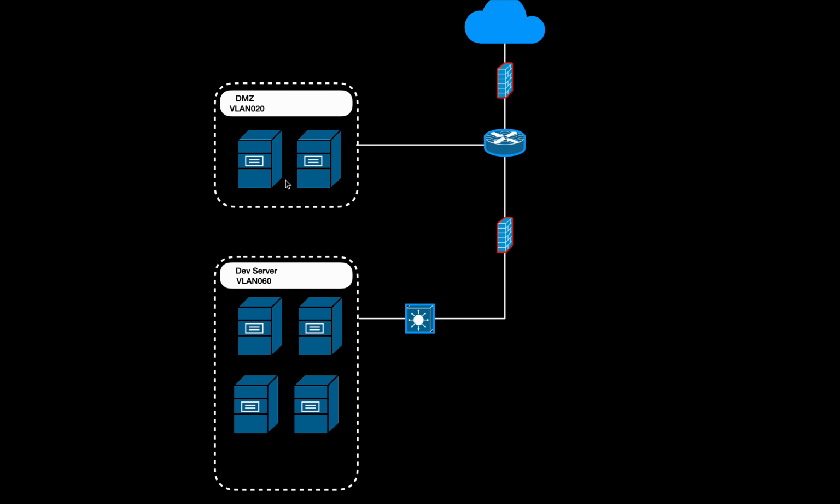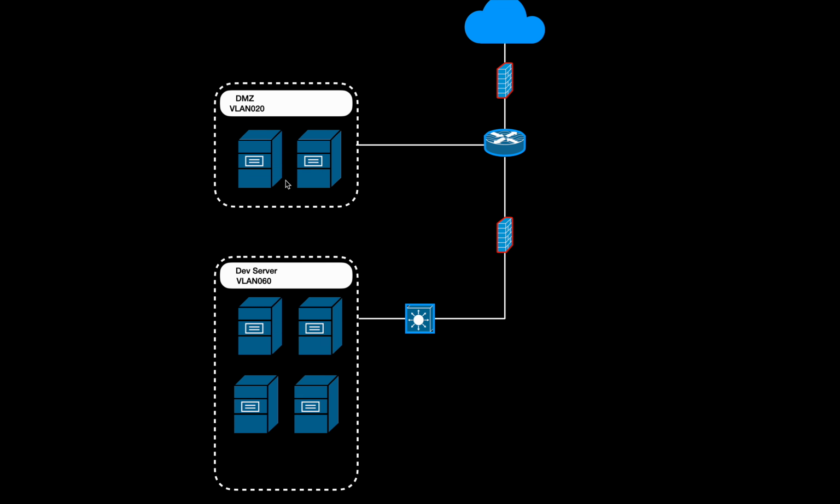We have a critical system here, our development environment servers. We enumerate them on VLAN 060, and we have a demilitarized zone, VLAN 020, which is more accessible, so we are less restrictive on what is going on here.